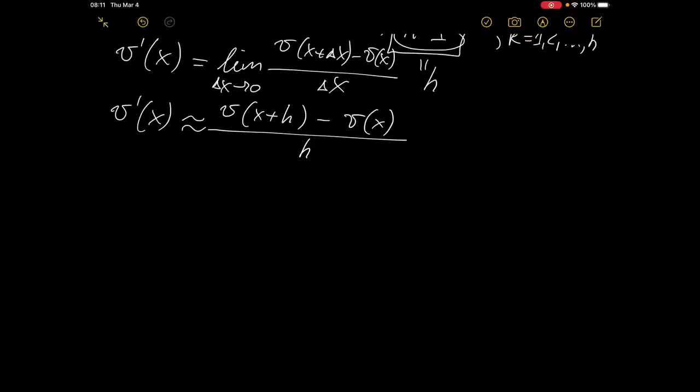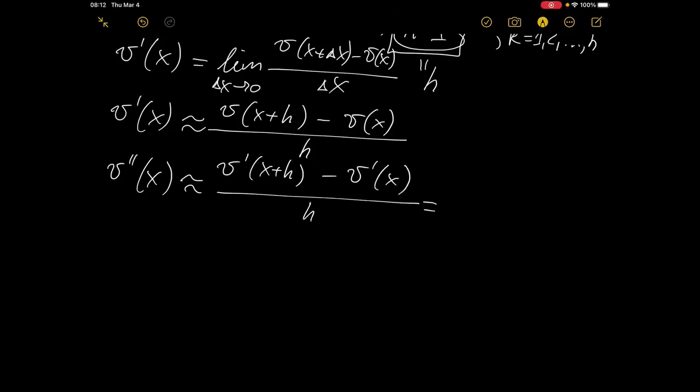But how to do the second derivative? The second derivative is just the derivative of the first derivative, right? So you can just write it like that. Then for each of these terms, you can use this formula, for example, in the following way.